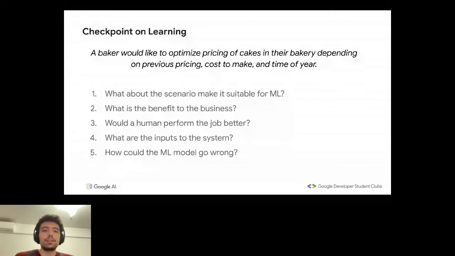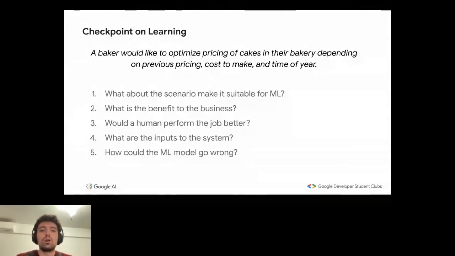Anyway, I would just let you think a bit about the scenario of the baker who would like to optimize pricing of cakes in their bakery, depending on previous pricing, cost to make, and time of the year. Do you think there's a benefit to the business? Do you think a human would perform the job better than a learning model?